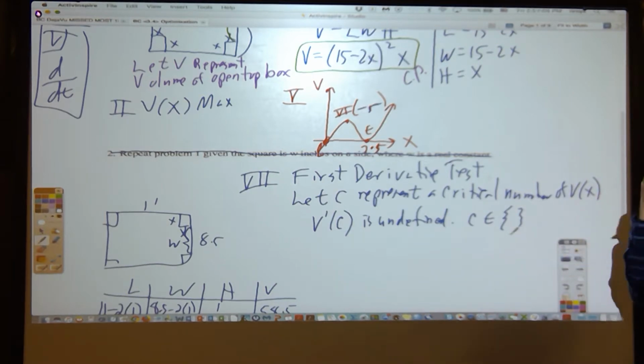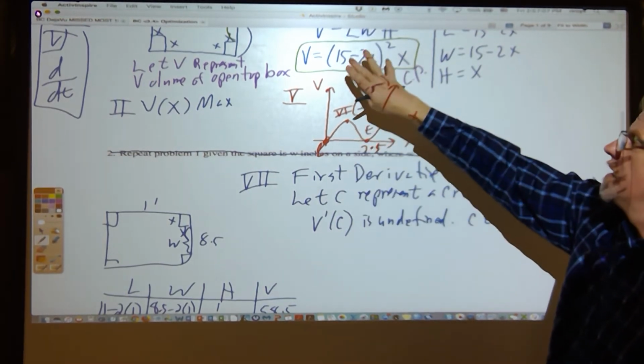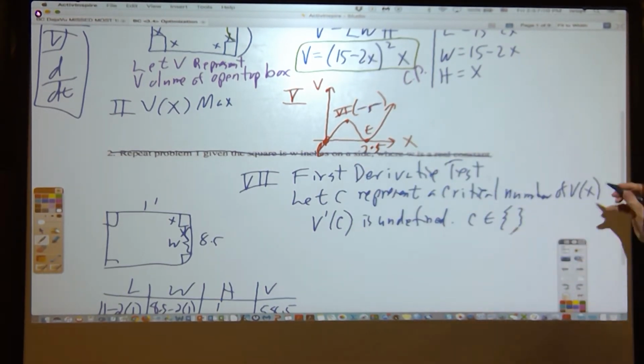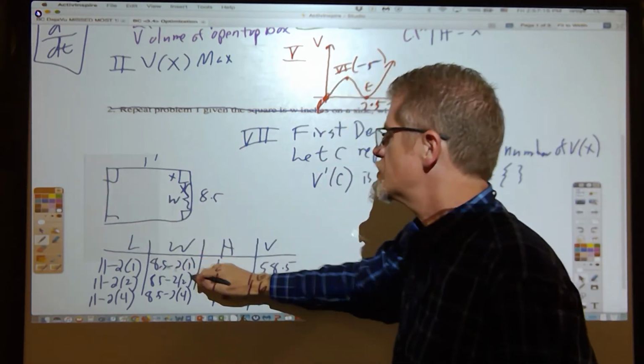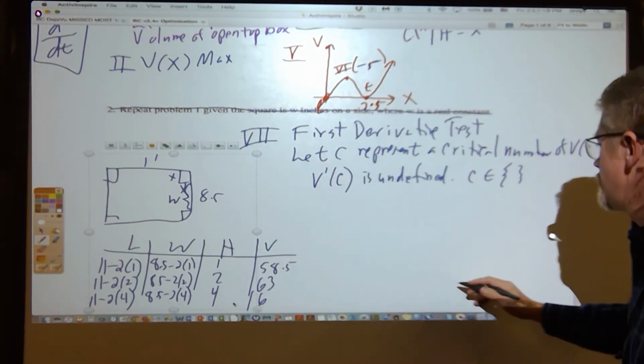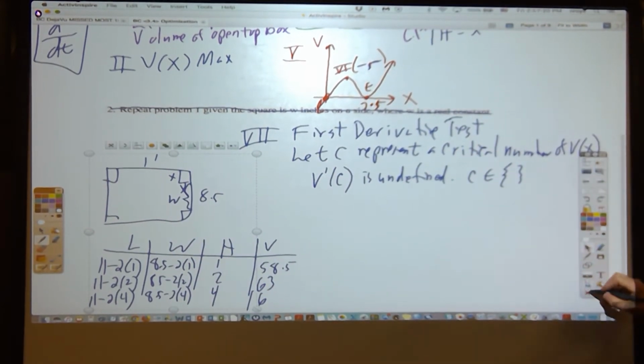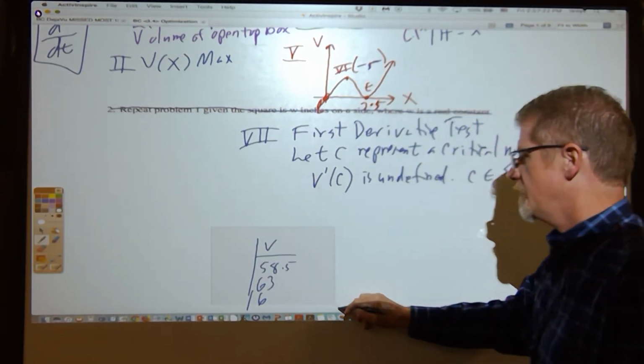There are none. There are no values of C that make v prime of C undefined. By the way, we haven't even found v prime. We shouldn't get too far ahead of ourselves. We should at least take the derivative of the celebrated equation. Let's do that.